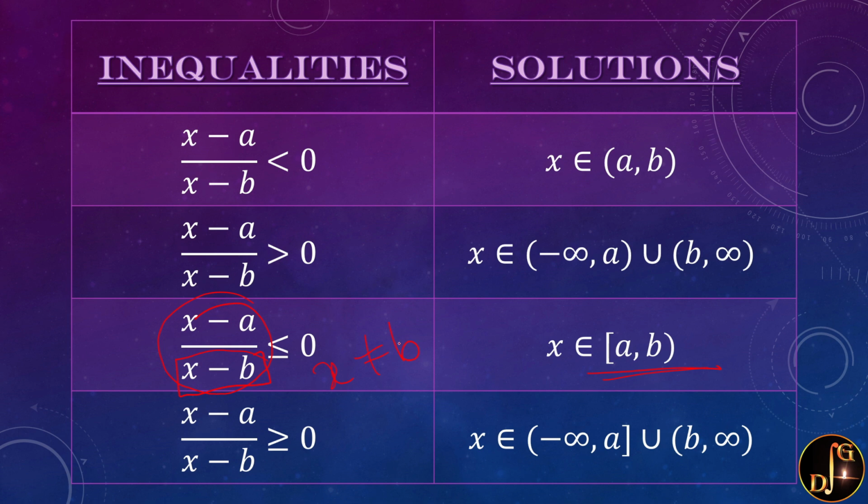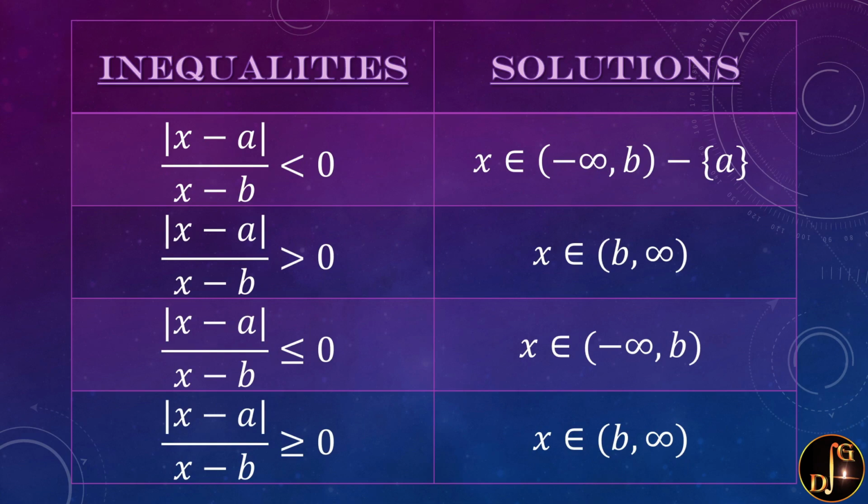Therefore, it is closed at a, that means x can be equal to a, then the value will be equal to 0, but x cannot be equal to b because the denominator cannot be equal to 0. Similarly, for the positive case, that is (x minus a) divided by (x minus b) greater than or equal to 0, we get the same solution, but again a is included and b is excluded.